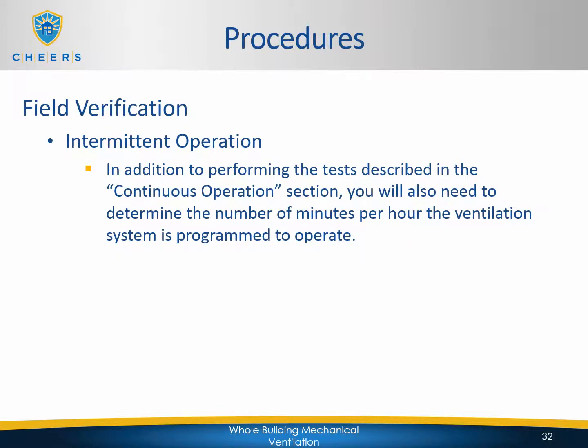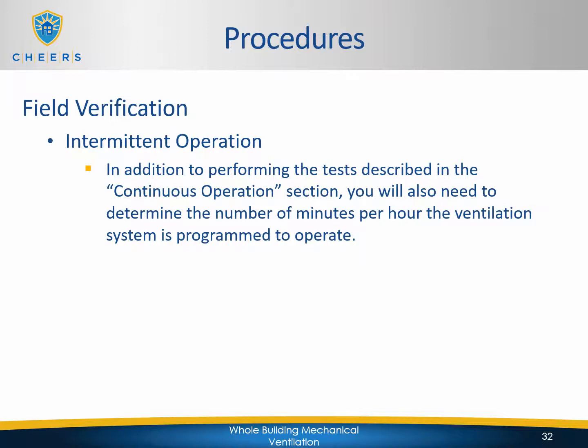For intermittently operating systems, in addition to performing the test that we described in the continuous operation section, you'll also need to determine the number of minutes per hour the ventilation system is programmed to operate. Because the ASHRAE 62.2 whole building ventilation rate is calculated based on a continuously operating system, an intermittent system is going to need to provide more CFM in airflow than the continuously operating system does, because it's running for a shorter period of time.